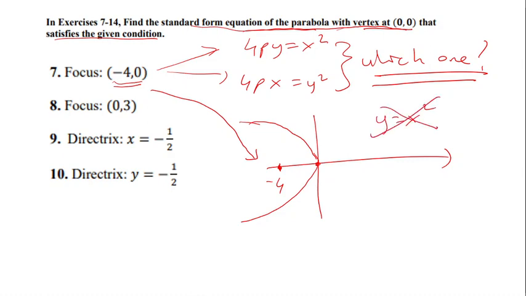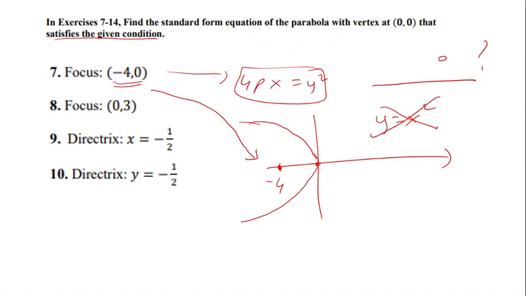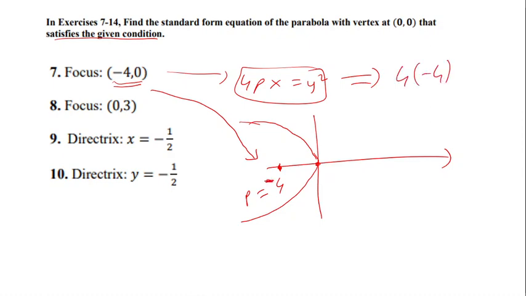This cannot be x squared. This will be y squared equals 4px. So now we determined this one. And now this is p for sure. So if we have p here, it will be 4 times negative 4 times x, so y squared equals negative 16x.